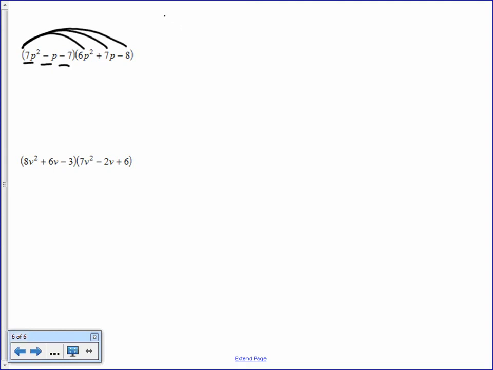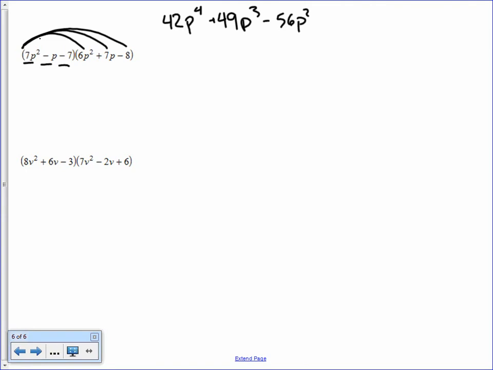So first off, let's just do this. So 7p squared and 6p squared, that's going to give me 42p to the fourth. 7p squared times 7p, that's going to give me 49p to the third. And then 7p squared times -8, that's going to give me a -56p squared.